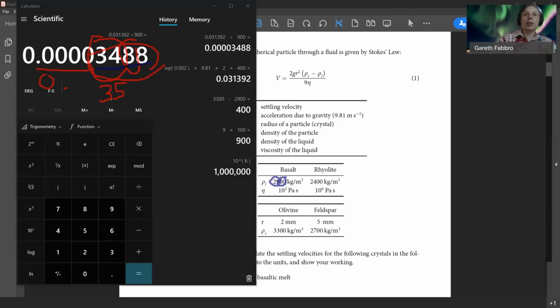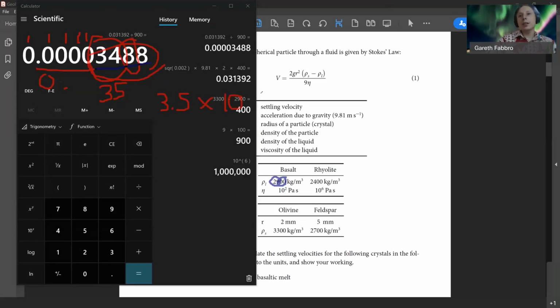And if you want to convert it to powers of 10, you can. So there's 1, 2, 3, 4, 5 leading zeros in this case, before you get your first digit. So it would be 3.5 times 10 to the minus 5.